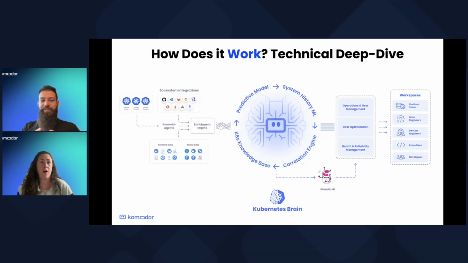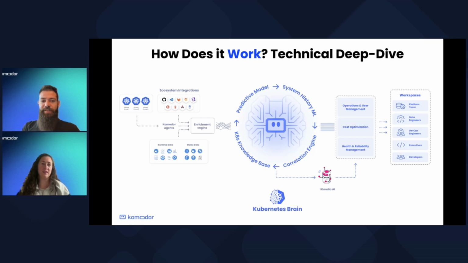It's still only as good as the Kubernetes knowledge that it's operating on, and our product has a lot of expertise baked into it. So it's not just doing all that correlation and analysis, it's doing so in the context of at least a decade of Kubernetes experience, multiplied by however many engineers we have working on the product.